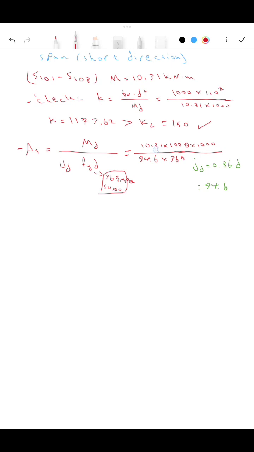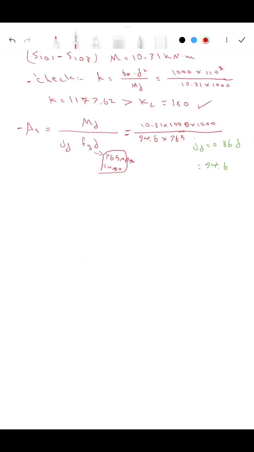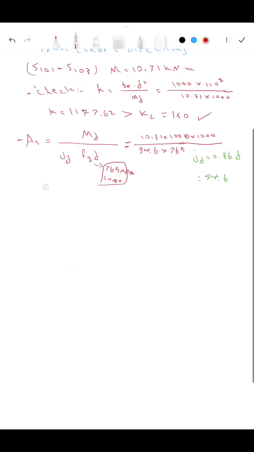So converting the kilonewton to Newton times 1000, and converting the meter to millimeter times 1000. So 10.31 times 1000 two times, divided by 94.6 times 365, and it equals 298.6. Area of steel equals 298.6 millimeter square. This is how we calculated the area of steel.